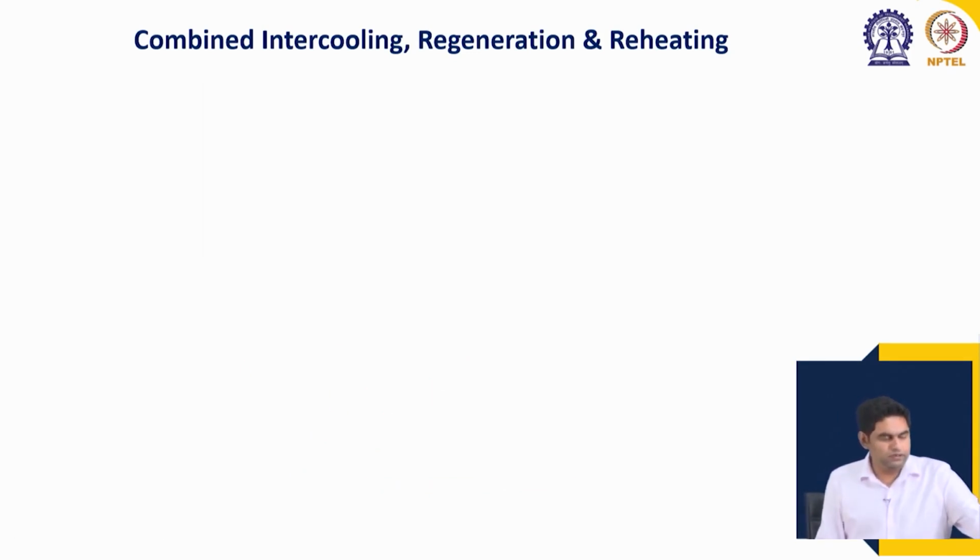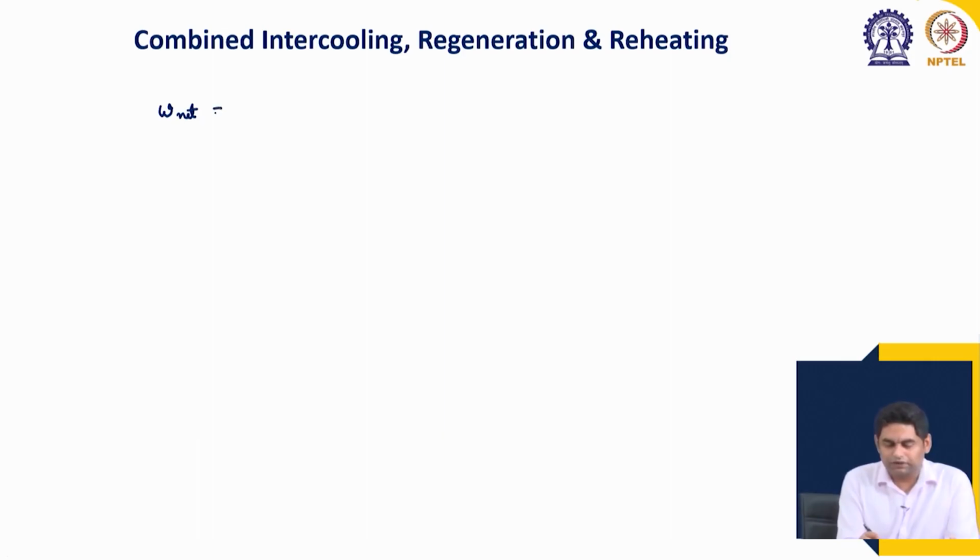So, the analysis is not much different from all the previous cases, particularly it is almost similar to the reheat and intercool combined cycle. Okay. So, in this case the work input and work output remain the same.